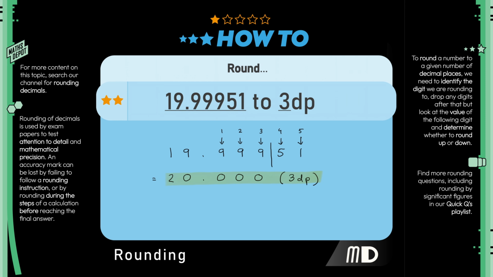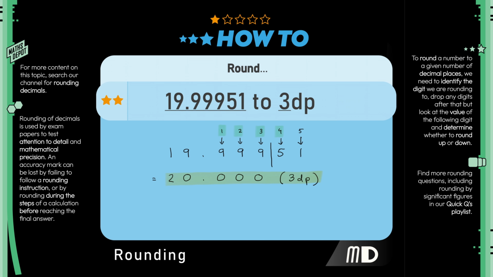There are 5 digits after the decimal point, and 4 of them are important. The first digit, the second digit, and the third digit are all 9, and the fourth digit is 5.